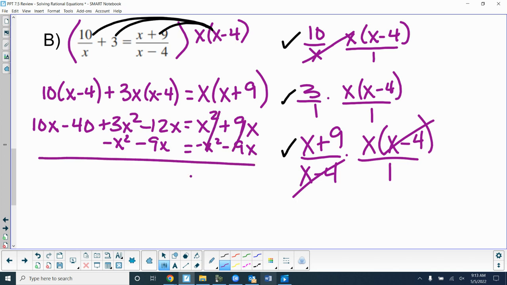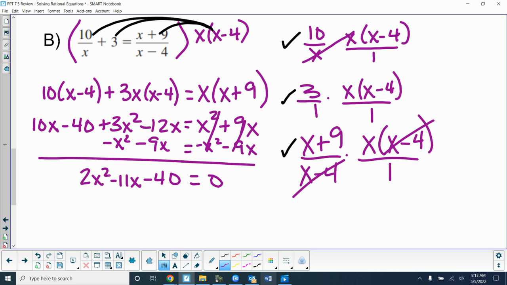So I get the 0 over here on the right. What's 3x squared minus 1x squared? 2x squared. I got 10 and a negative 12 is a negative 2 and a negative 9 is a negative 11x. And then the minus 40. Okay? So that's what you should get when you set it equal to 0.